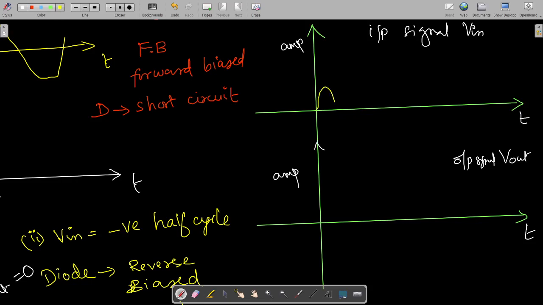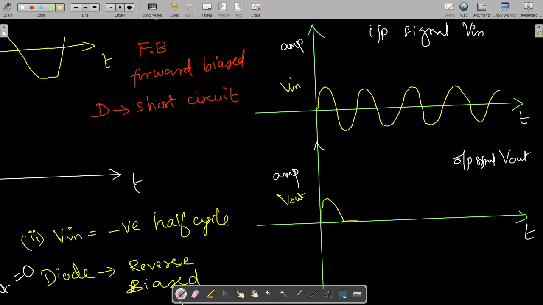So the input signal is something like this. It is continuously coming. A sinusoidal AC signal is coming. This is V input. How will V out appear because of this diode? Since the diode is present at the output side, you will get the signal like this.